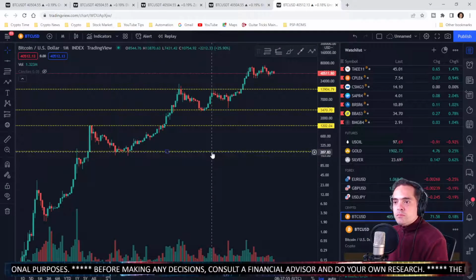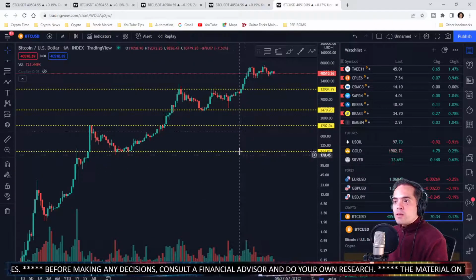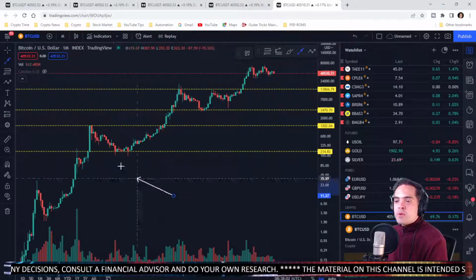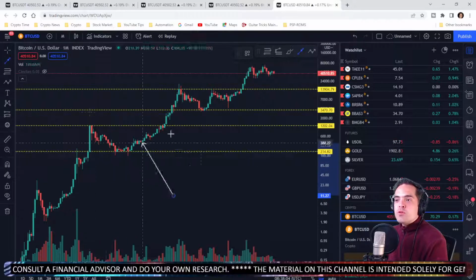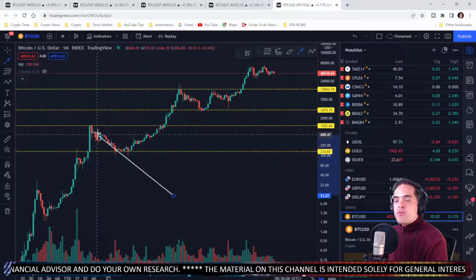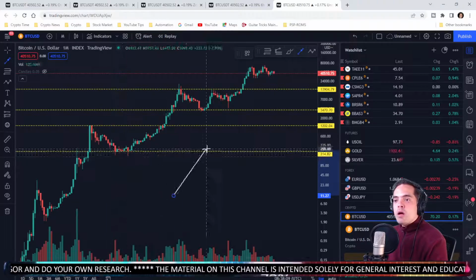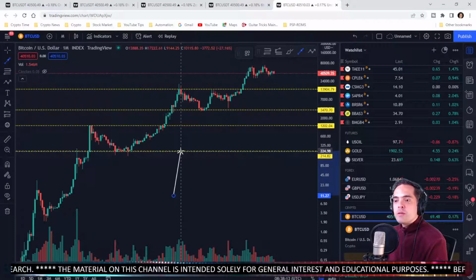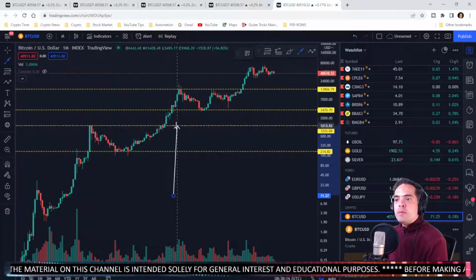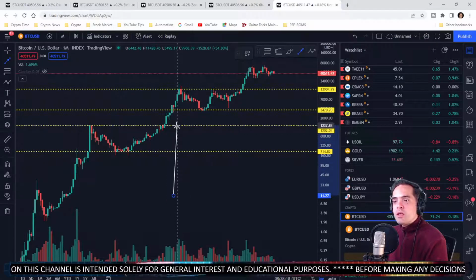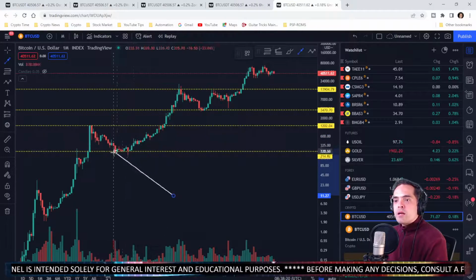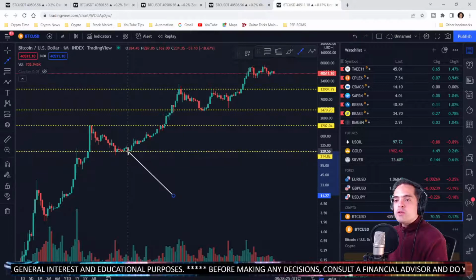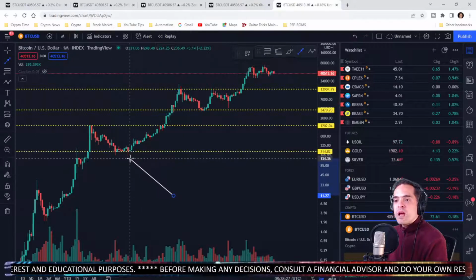So guys, we have now, let's say, those yellow dotted lines to represent our building. So we are trying to reach the top floor, going through the ceiling. So the floor will be actually our support, and the ceiling will be our resistance. At the support, the buyers are in control, so they will try not to allow the price to go further down.